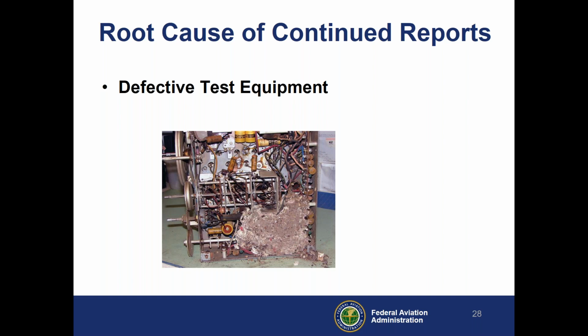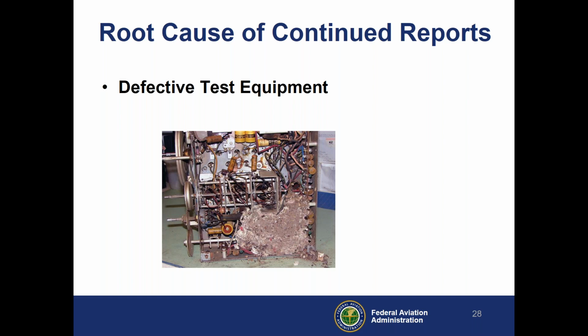Kerry, have you encountered test equipment where you could isolate a particular false target problem to a piece of test equipment? I don't believe I can't say that we have, no.